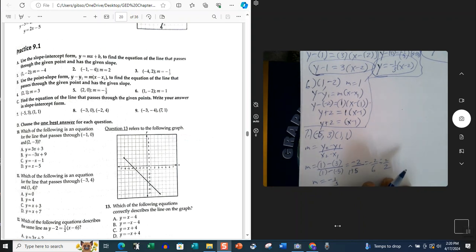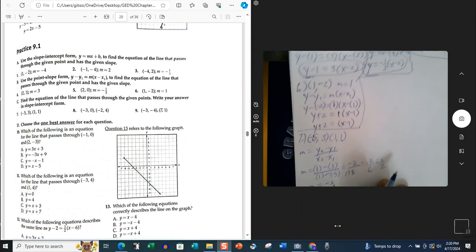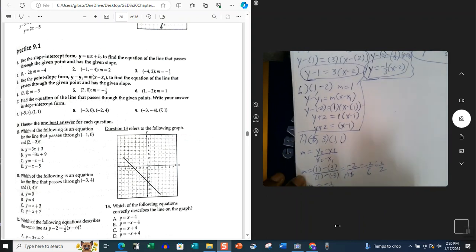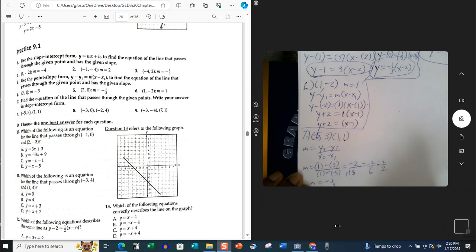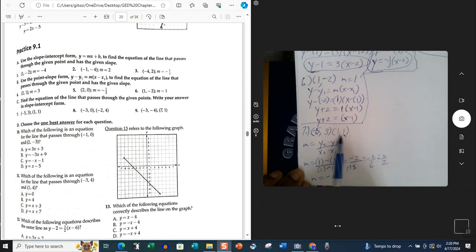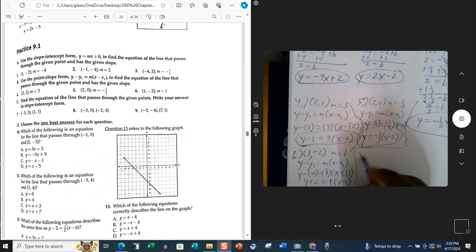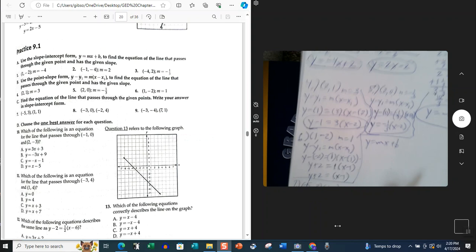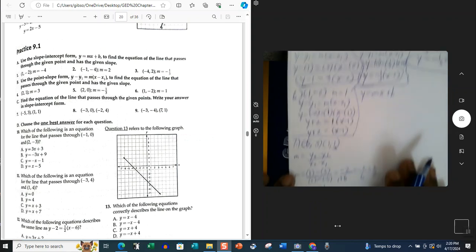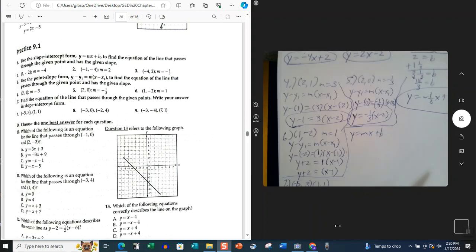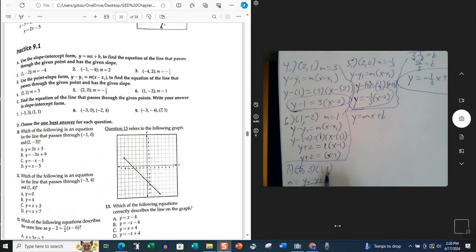Now we have our slope. All we need is one more point. It doesn't matter which one of these you pick, but if I was doing this problem, I would pick the one that has the lower numbers, because those are easier to deal with. So now I would do my y equals mx plus b, and I would substitute what I have. First of all, we know our slope is a negative 1/3, and then we chose this second ordered pair here.